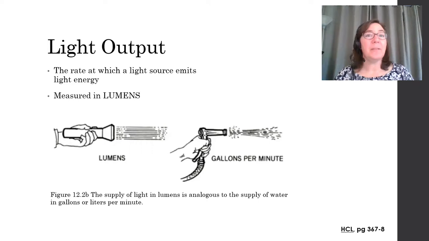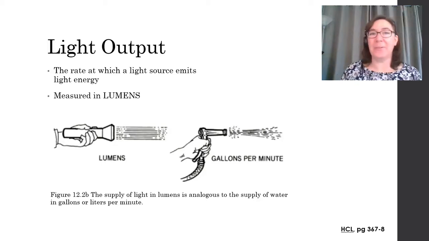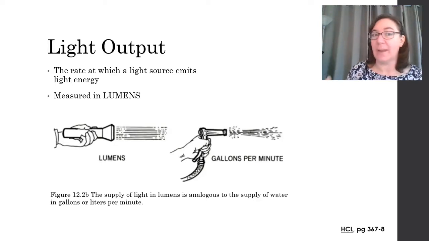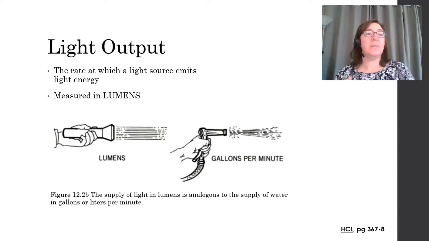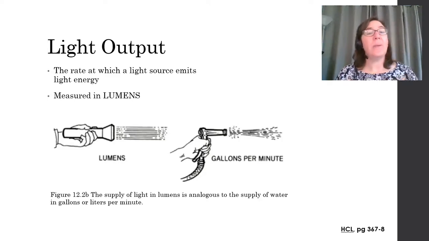So let's start at the top of this list with light output. We're interested in how much light comes out of your lamp or your light source. The rate at which the light source emits light energy is measured in lumens. We can compare this using an analogy: we're going to compare light to water.